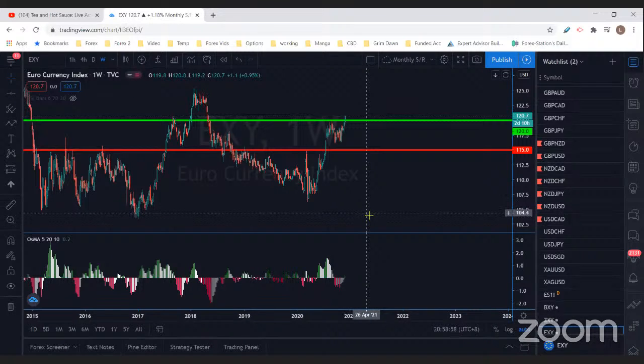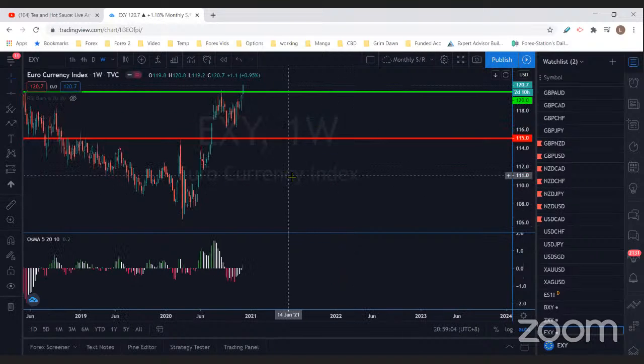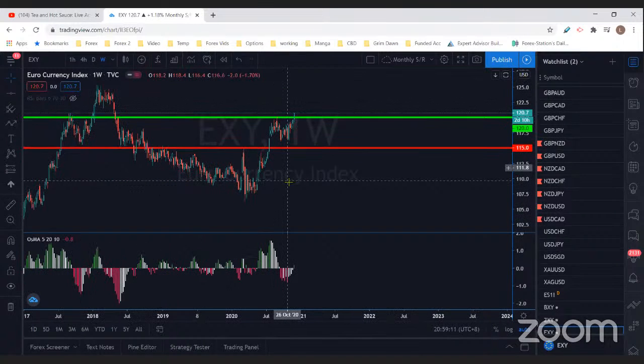To me, at least from the currency index point of view, I don't have a reason to go into a short euro at the moment. Yeah, I agree. And right now it has reversed, and it's testing the previous broken level.